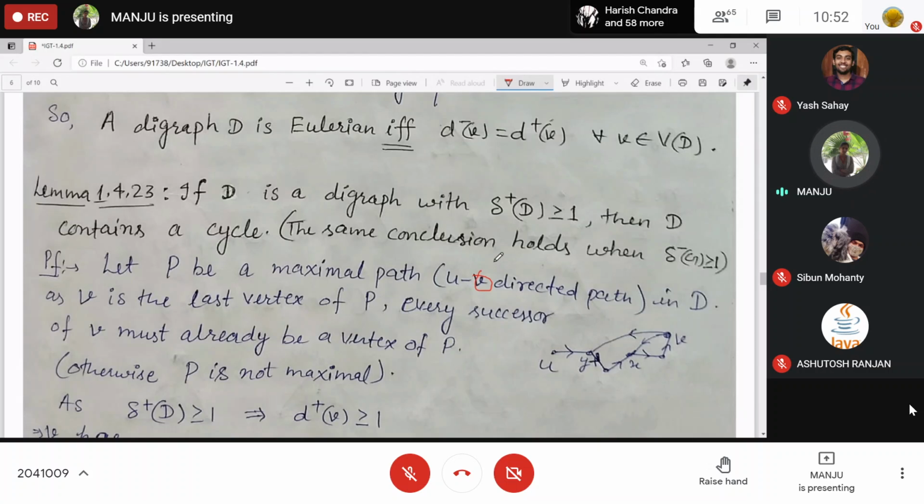If V is the last vertex of the path, then any successor of V in the digraph D, say the path is U to V, V to some other W, W to V. We have this one.